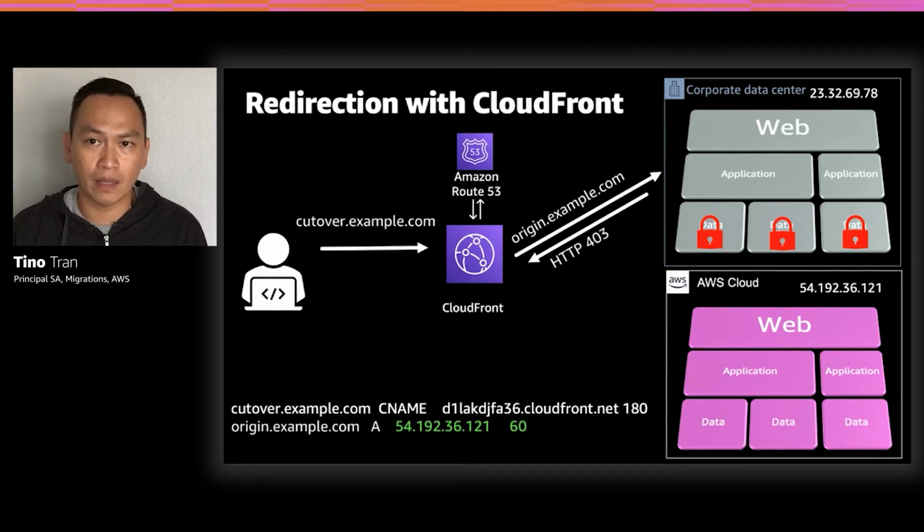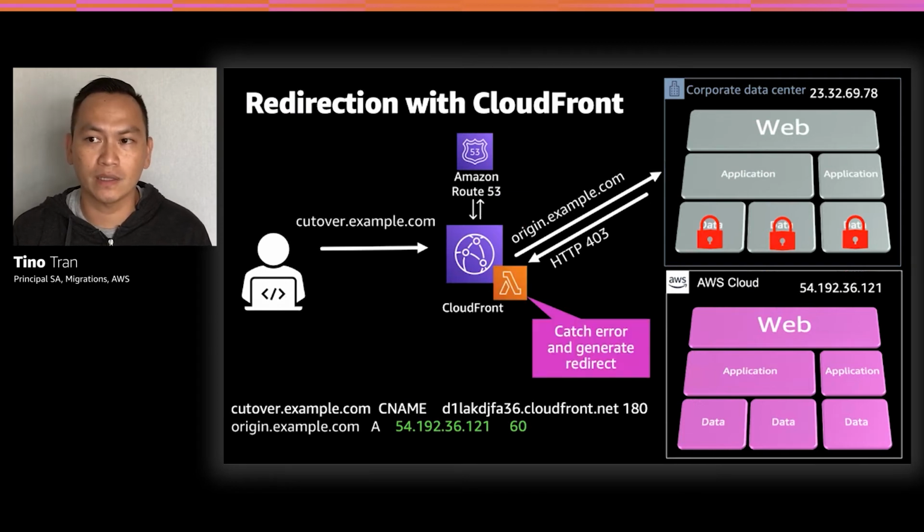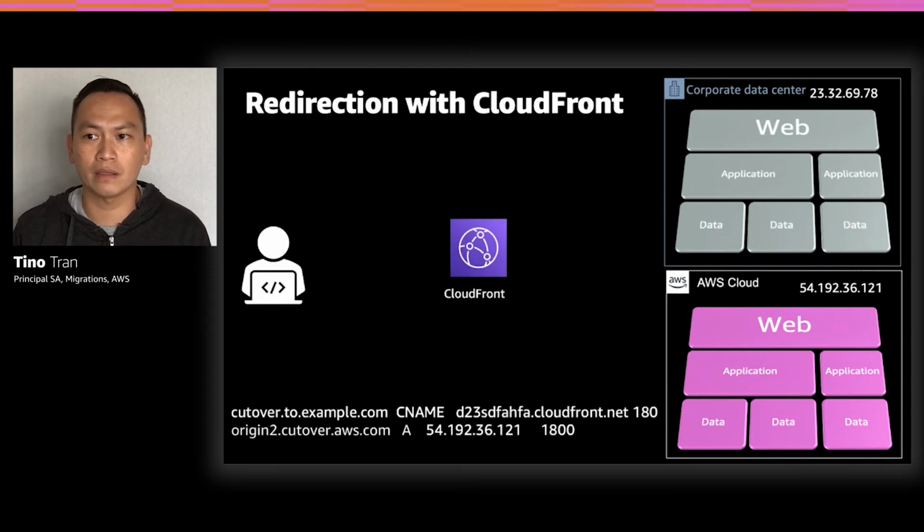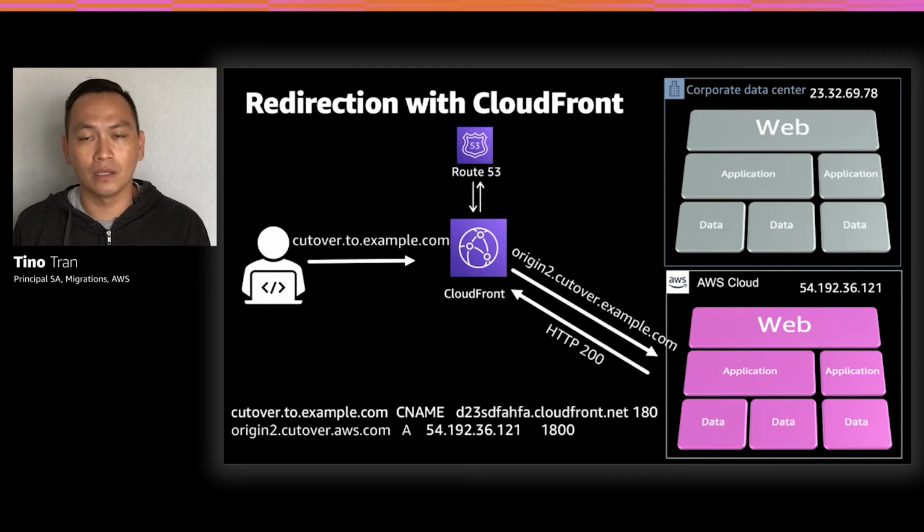Rather than proxying that back to the end client, what you could do is configure CloudFront to use Lambda Edge to catch that error and then generate that redirect response. Right? So here we generate that redirect response. It's a 301 back, and then the end client would retry against that new domain, fetch it, and get a 200 response back ideally, right?